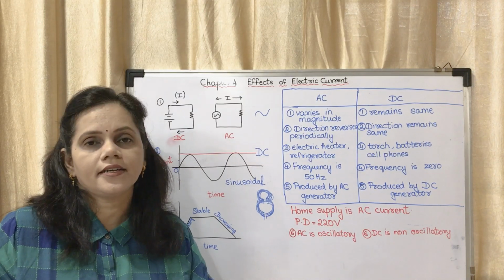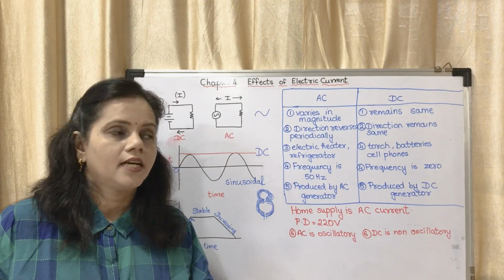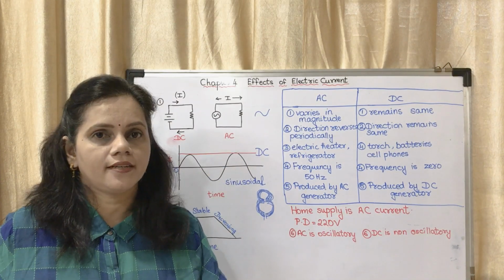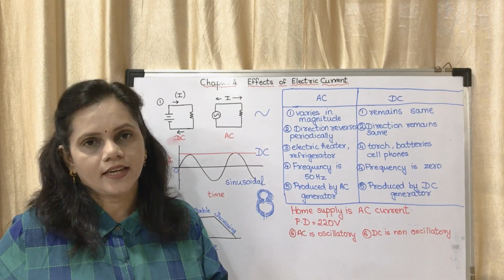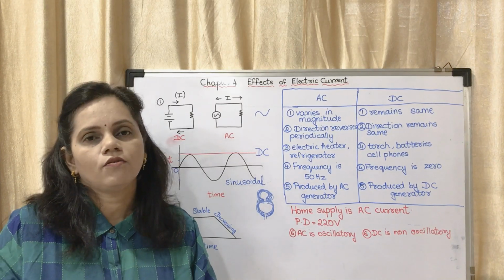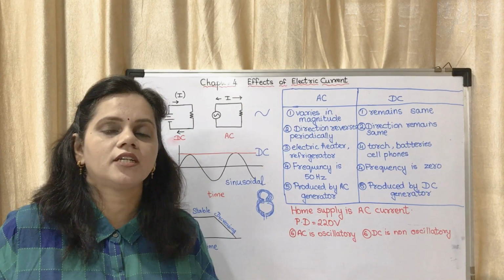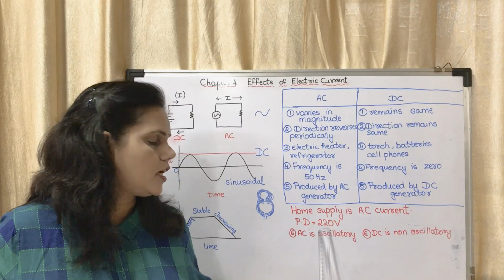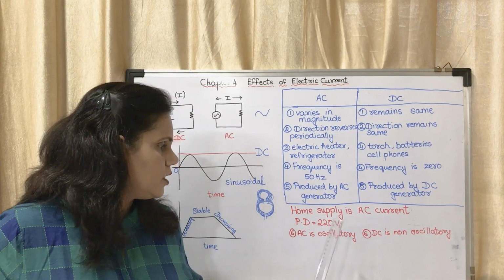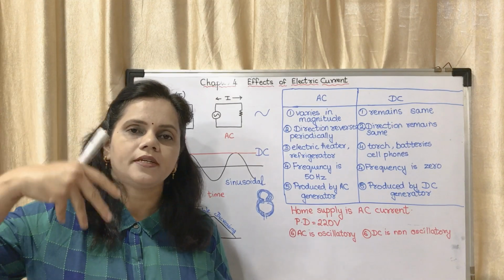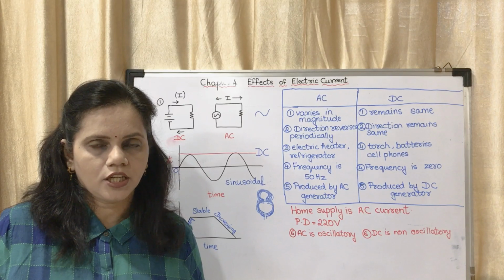The wires which are here, I think they are carrying 11 kV. And what is coming to our homes? It is only 220 volts. So that has to be stepped down. That part you are not having in your syllabus.